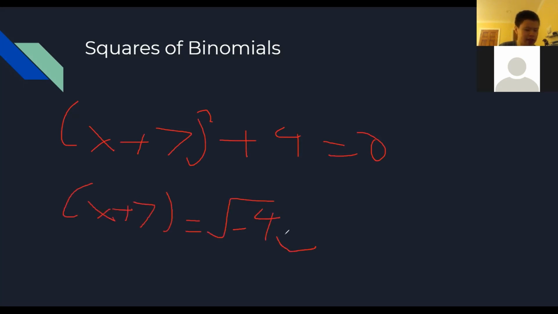And you can't square root negative numbers; on the other hand, anything squared is positive or 0. So this becomes impossible to solve, where there are no solutions to this.